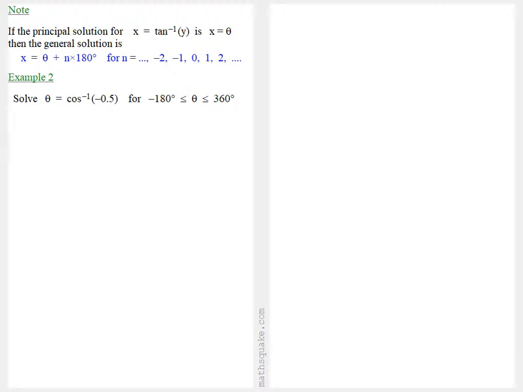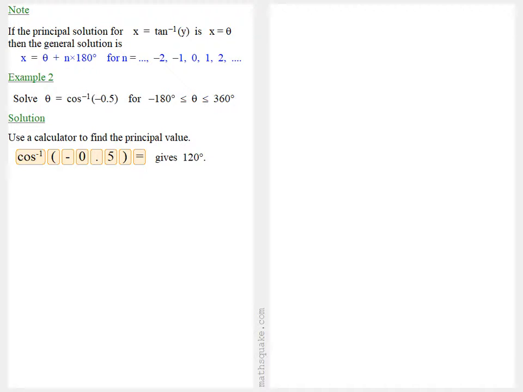Now, let's have a look at another example. Solve the inverse cosine of minus 0.5 for angles between minus 180 and 360 degrees. Well, we can use our calculator to find the principal value by simply typing in inverse cosine of minus 0.5, and that gives 120 degrees.